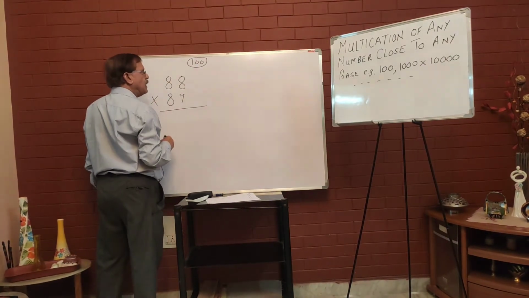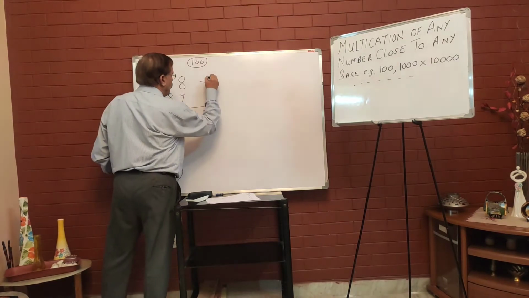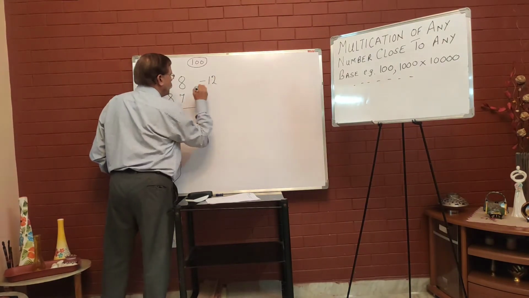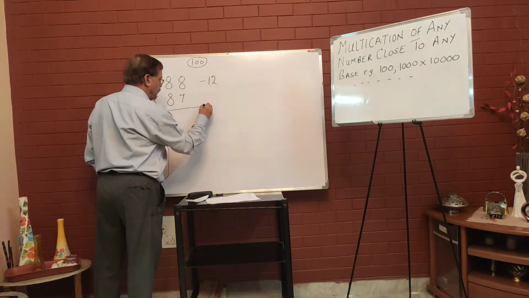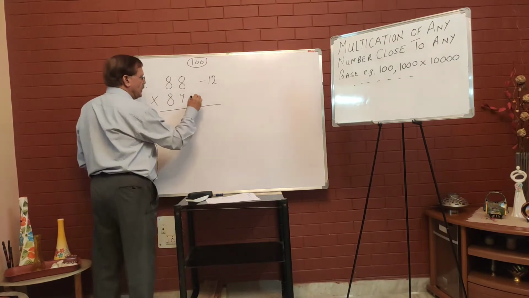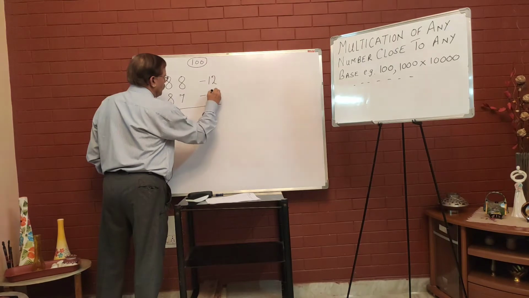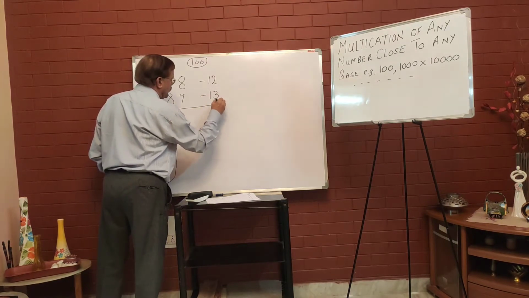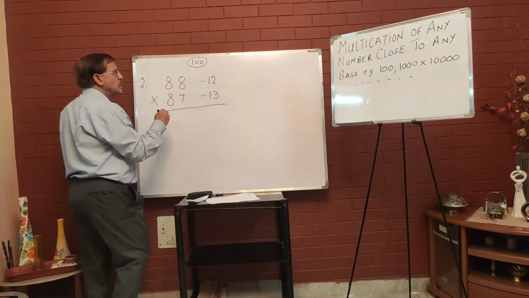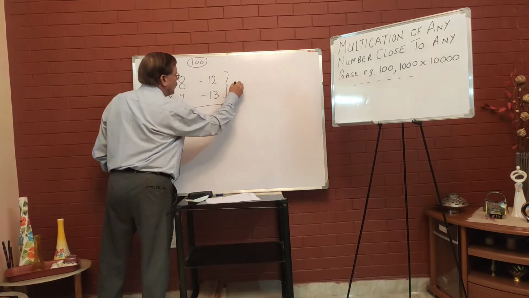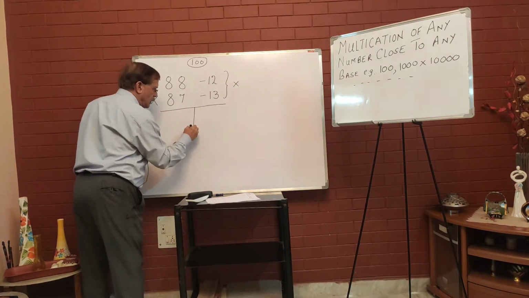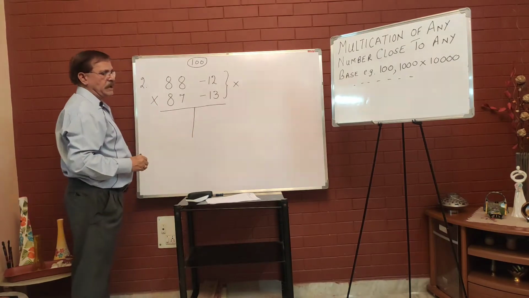So 88 minus 100 will be minus 12. 88 plus 12 is 100. And the same thing with 87. 87 is 13 far from 100. So 12 and 13 are the two deviations. Remember, these two have to be multiplied to get the RHS, right hand side.